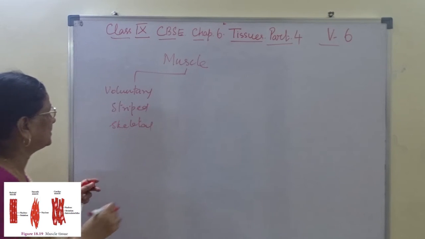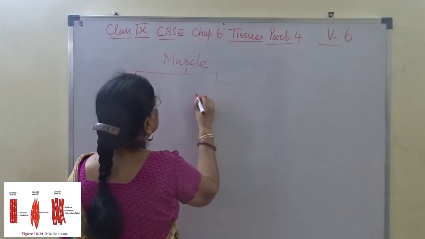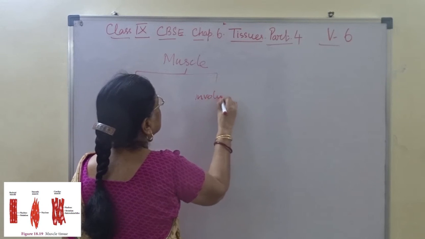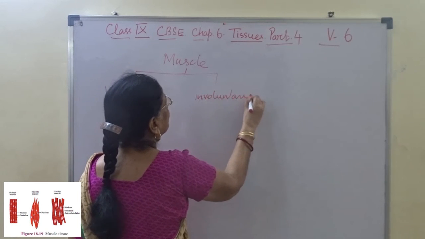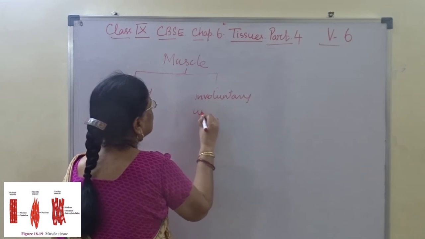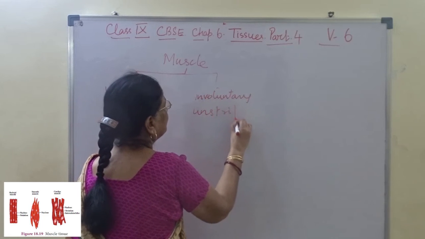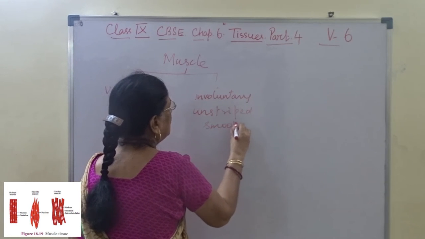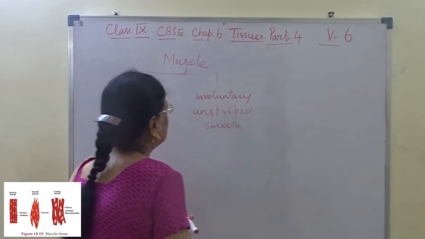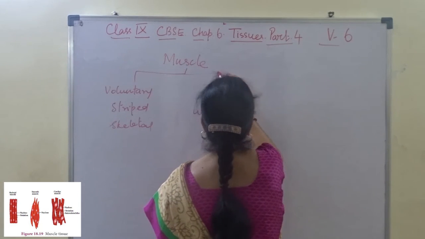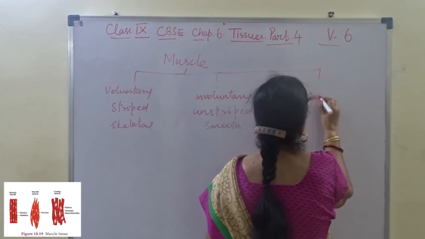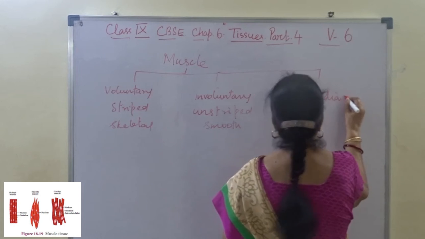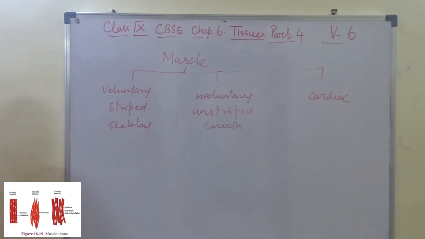Another is involuntary, unstriped or smooth muscle. And the third one is cardiac muscle.